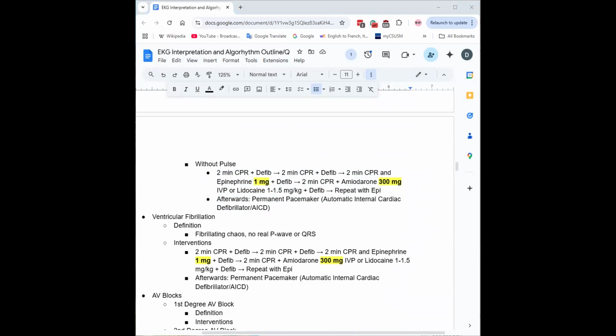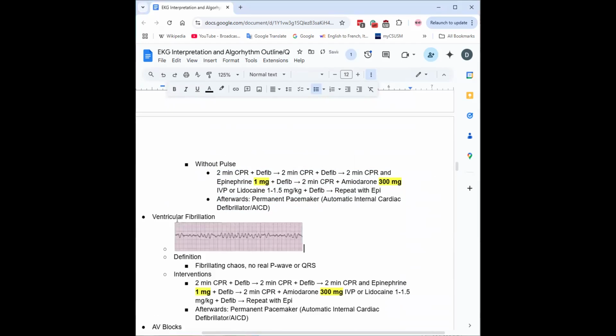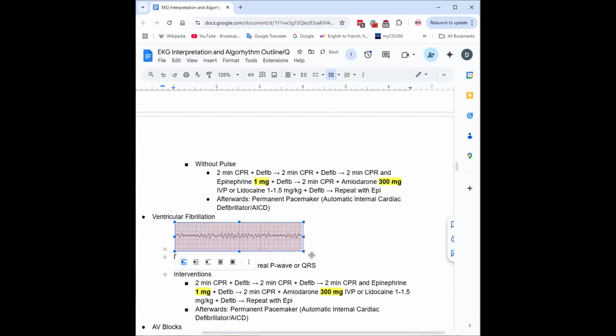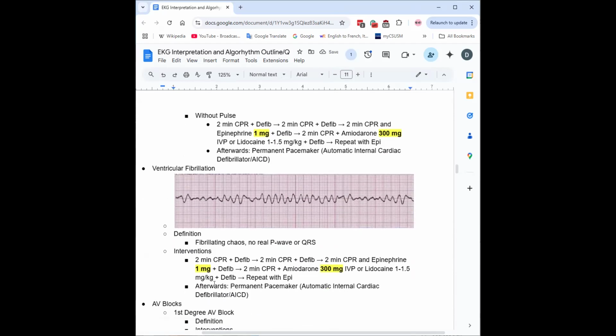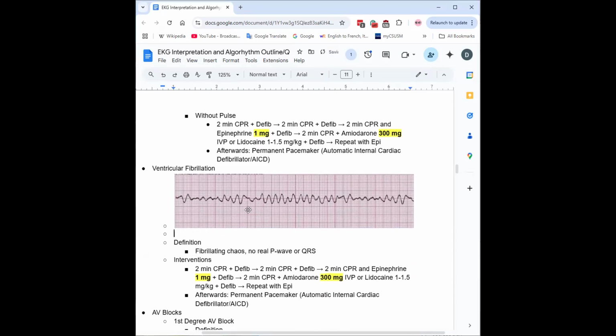And I'll show you a coarse VFib and a fine VFib. But keep in mind for the test, it'll be very obvious if something is asystole or fine VFib, because for the coarse, it's very obvious that it's coarse VFib.